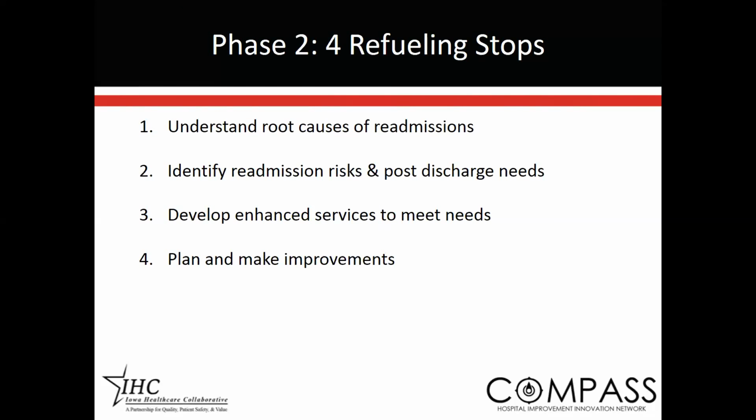Again, a lot of our work in the early part of readmission reduction work is we're just kind of throwing appointments and phone calls, and we're just doing things, all of which are good and fine ideas. But what I want to emphasize today is, are we really matching the services that we're delivering to the root causes of the readmissions? And that's an ongoing question to ask, but we'll explore that today.